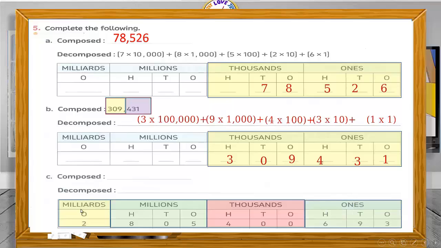We have 2 in 1 million, so write here 2 million, 805 million, 805 million, 400, we have 400 in thousands, 693 in ones. How we can make decompose of this number, you can write the number in expanded form.